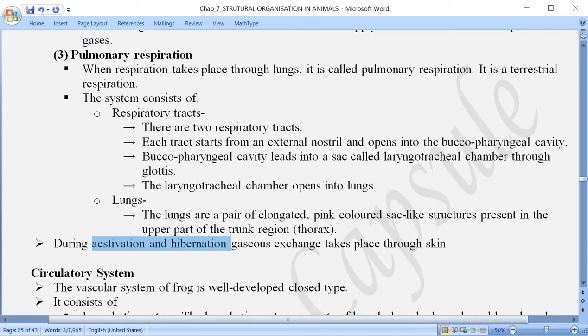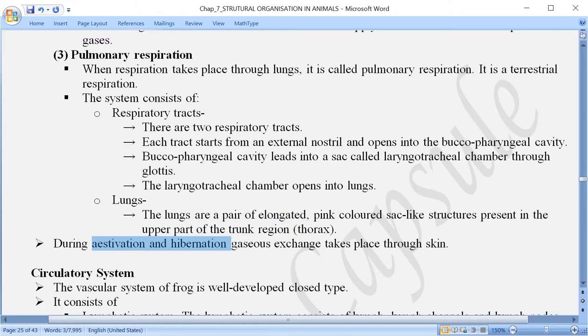During estivation and hibernation, the gaseous exchange takes place mainly through the skin only, because if they used the lungs, energy would be required and they cannot afford to spend energy at that time. So to conserve energy, all other systems are slowed down and the skin is utilized as a respiratory surface for the exchange of gases.